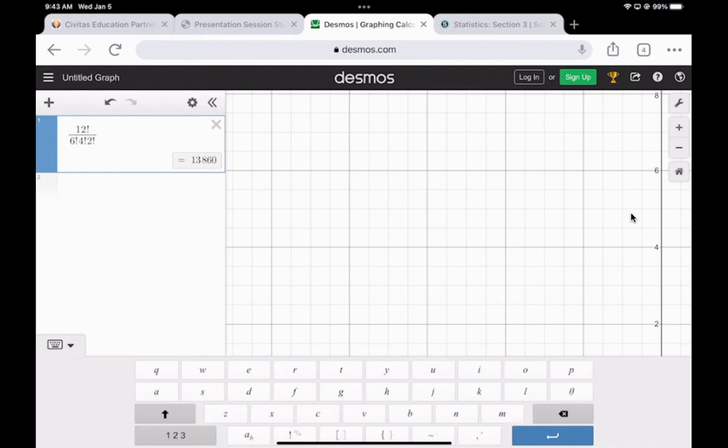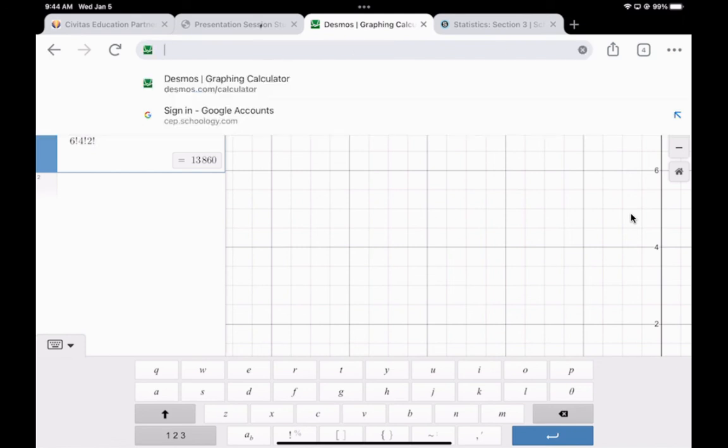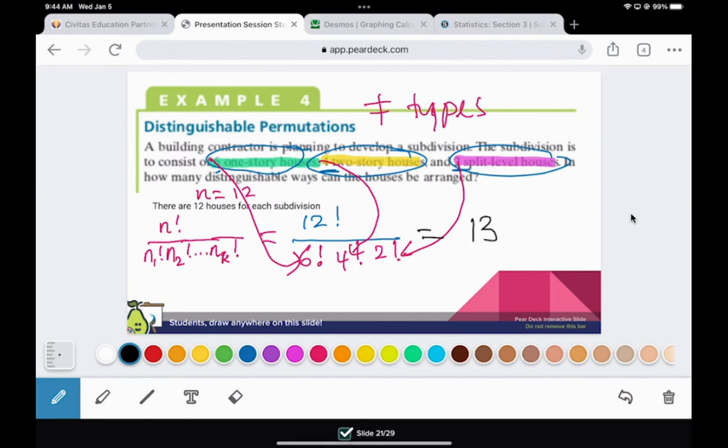That gave me the number, which is 13,860. And I just put it back. So for this one, again, you still need to know the total and how many for each group or how many for each type. And those will be on the bottom, on the denominator.